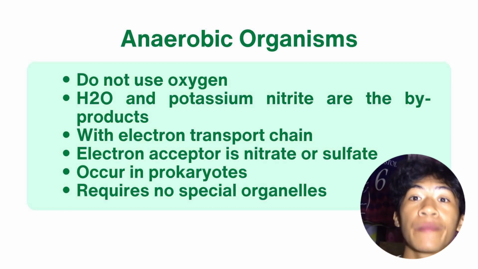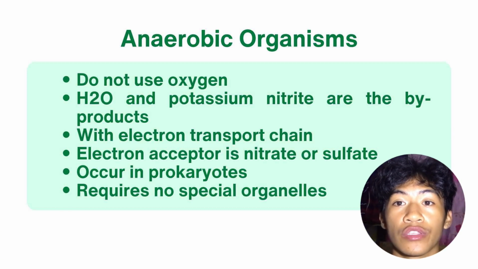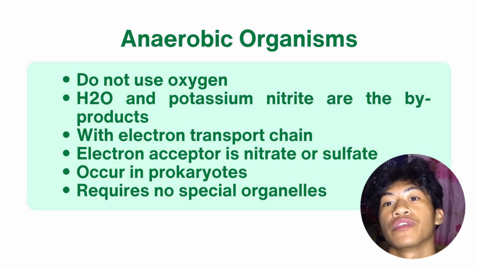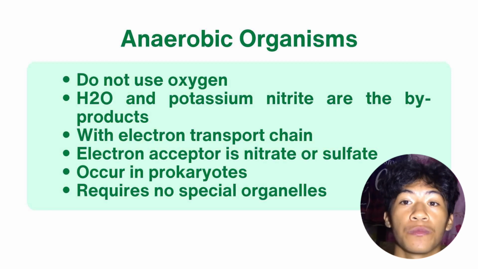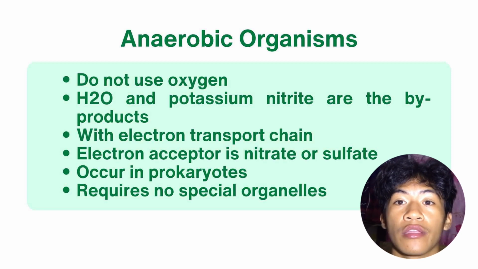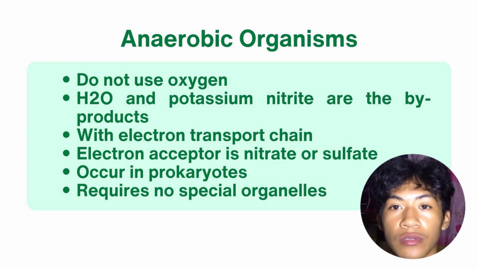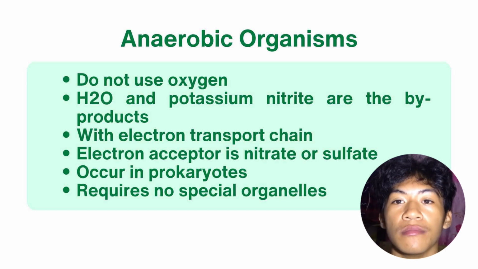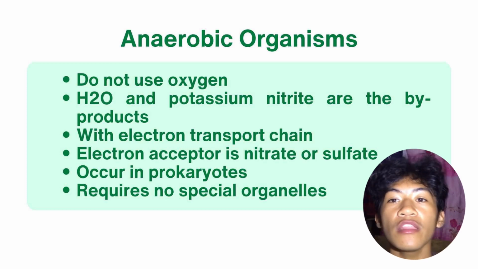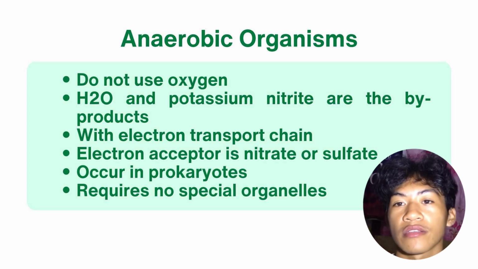Examples of anaerobic prokaryotes include Clostridium species, which are known for their ability to produce toxins and can ferment organic compounds to produce energy. Methanogenic archaea are another example.